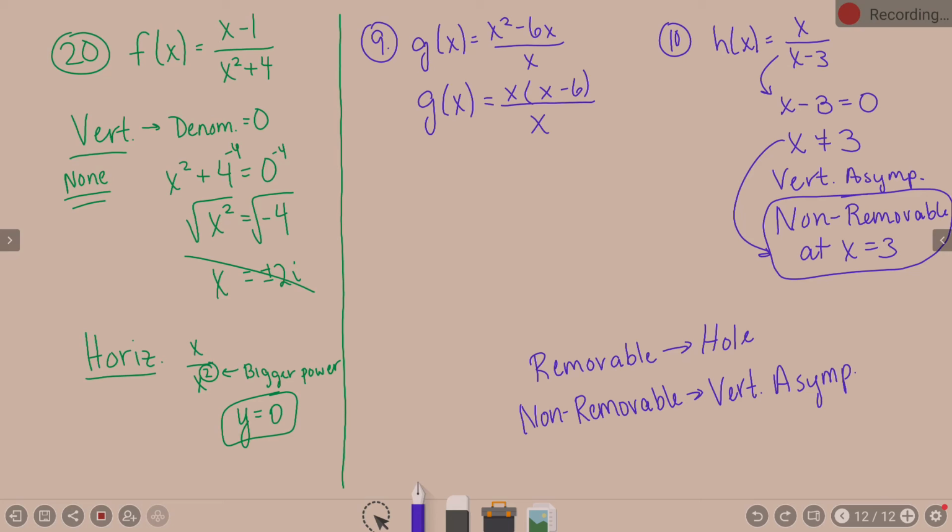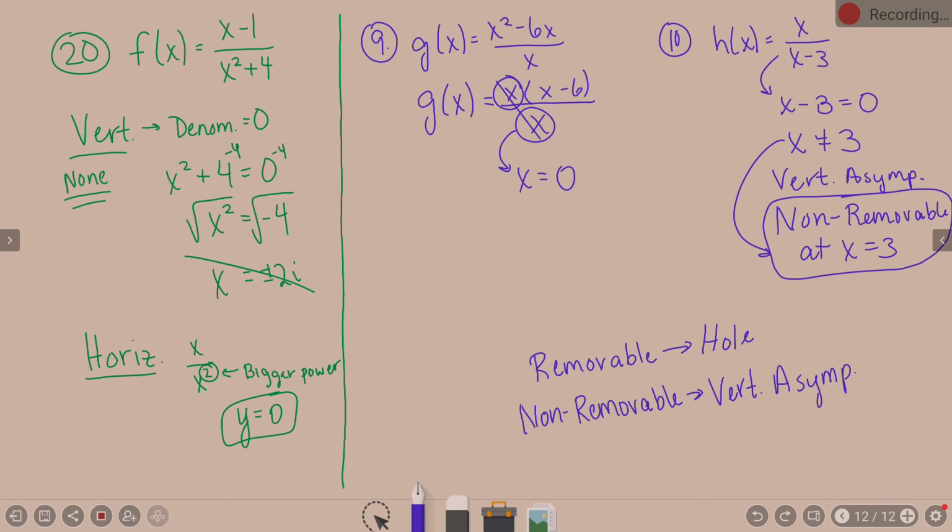Now, what do you notice when you go to set that denominator equal to 0? There's a common factor there, isn't it? So when I set that denominator equal to 0, which is x equals 0, are we thinking it's going to be a vertical asymptote or a hole?